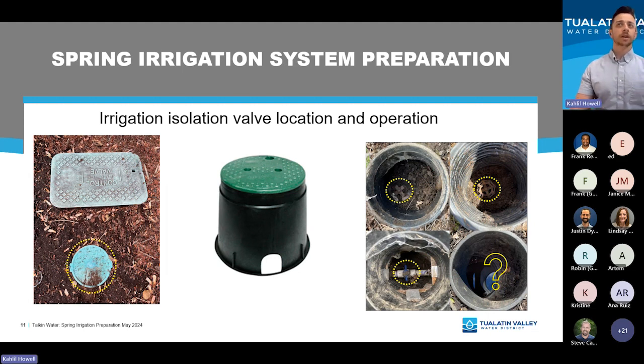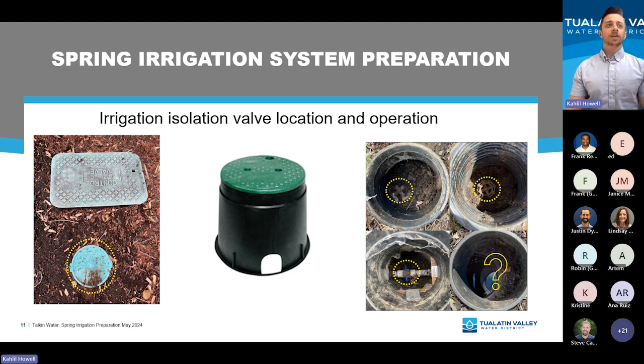However, first we want to locate our irrigation isolation valve if we have one. If you do, it's going to be typically a circular valve can, which sits flush to the ground, like this picture here where my laser pointer is, or this center picture is another example.